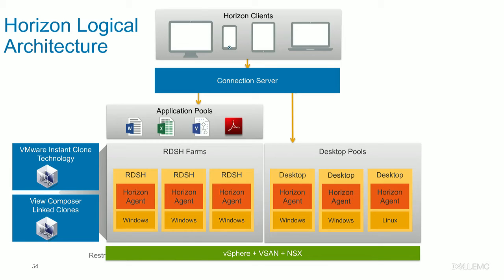And with instant clones, once you do the initial publishing or provisioning of your first bit of the pool, you can deploy VMs at a very, very high rate. It's twice as fast as linked clones.